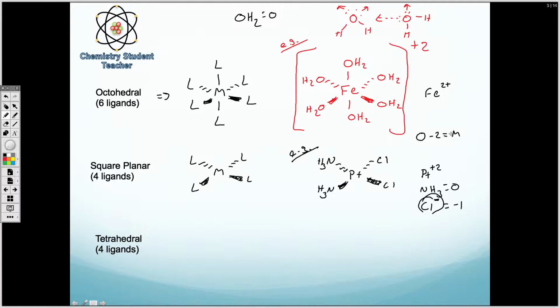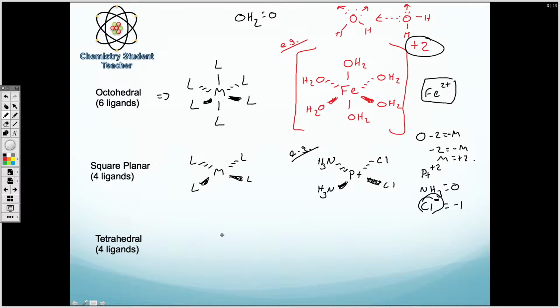So 0 - 2, sorry, is minus our metal charge. So we've got -2 equals minus our metal charge. Therefore, we just rearrange it and say our metal charge is +2. It just counterbalances it.